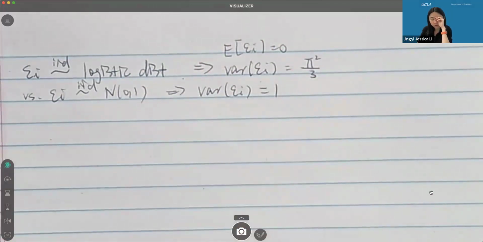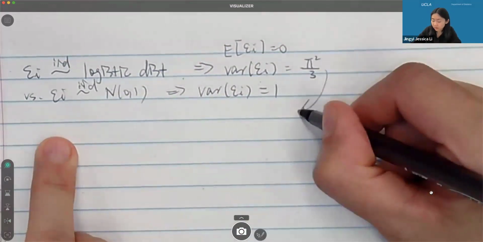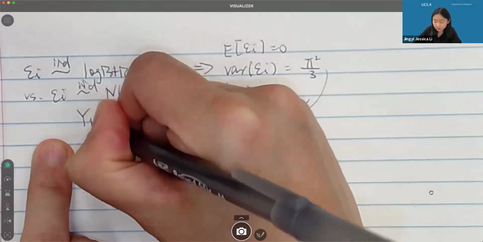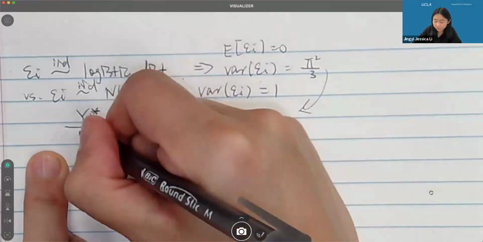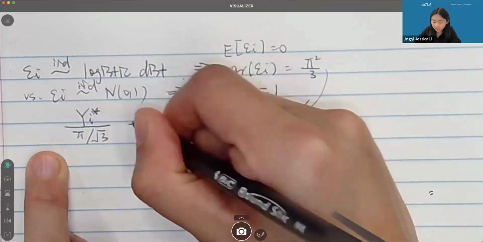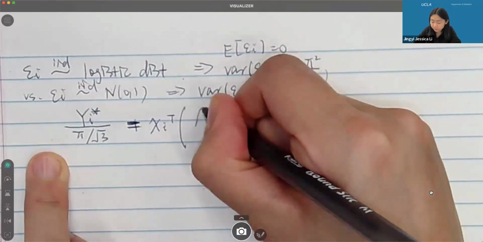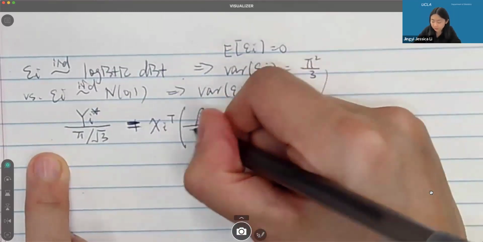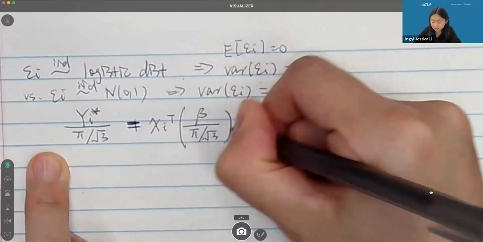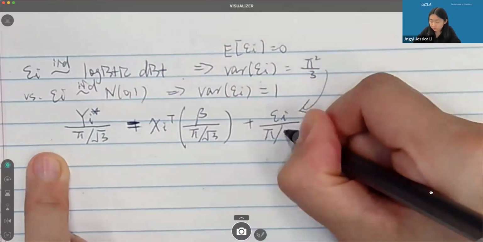To put them on the same scale in terms of the variance of the error term, we can write yi star divided by pi over root 3 equals xi transpose beta vector divided by the scalar pi over root 3 plus epsilon i over pi over root 3.